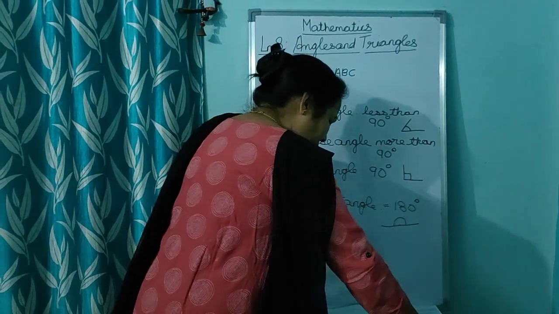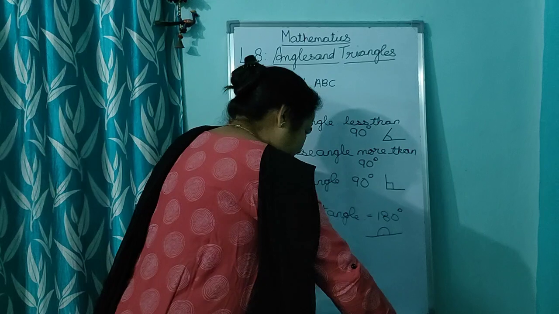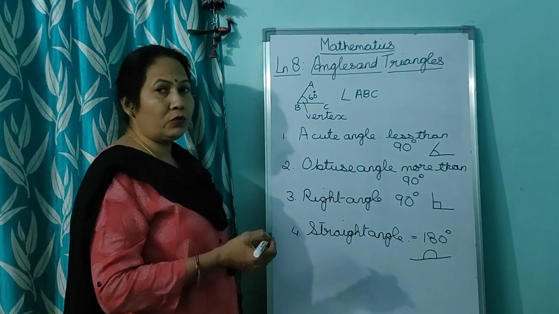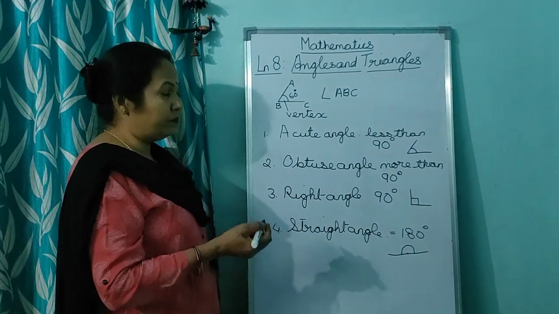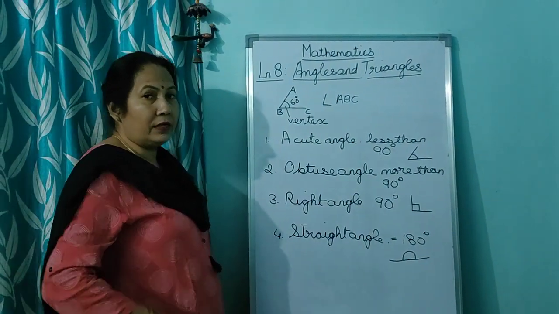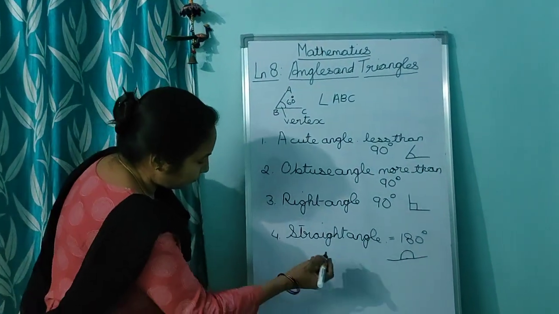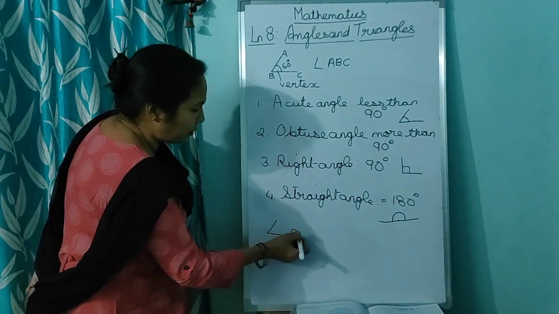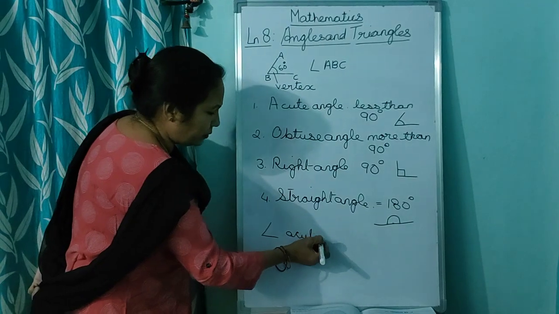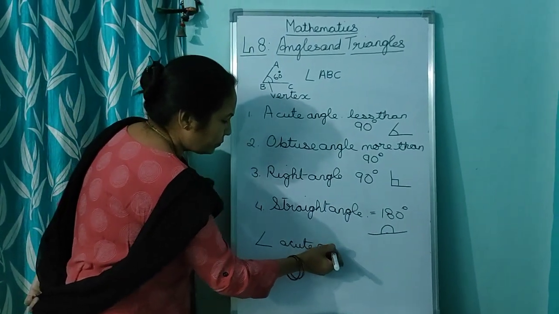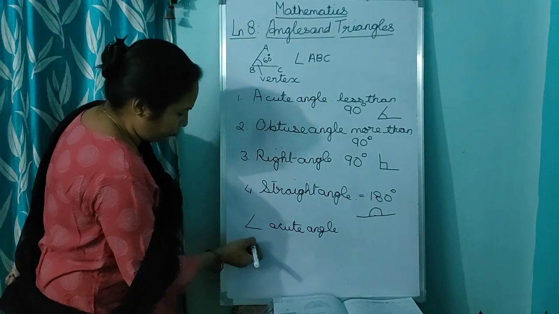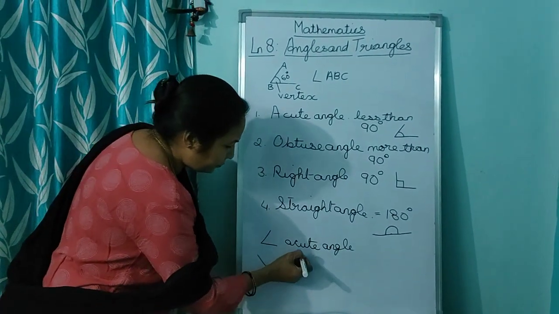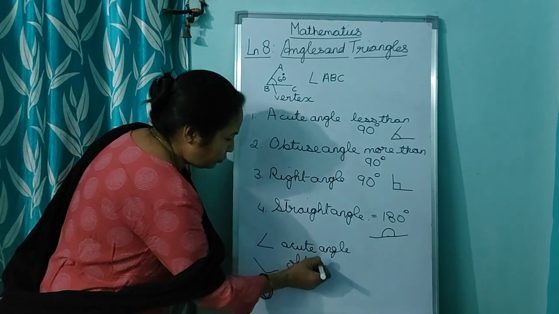Now next children, you have in this, by the shape you can find out which type of angle it is. Now if you have this shape, means this is acute angle. If you have a shape like this, this is obtuse angle.